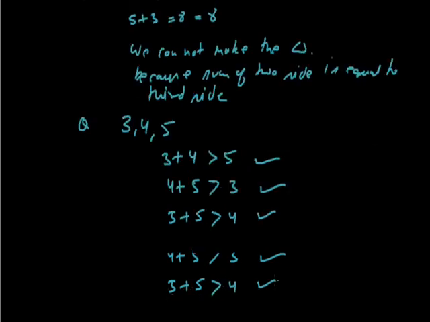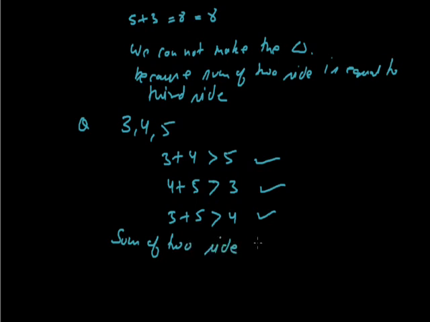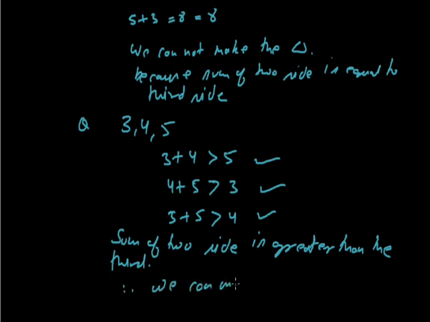So here the sum of two sides is greater than the third side. Therefore, we can make the triangle.